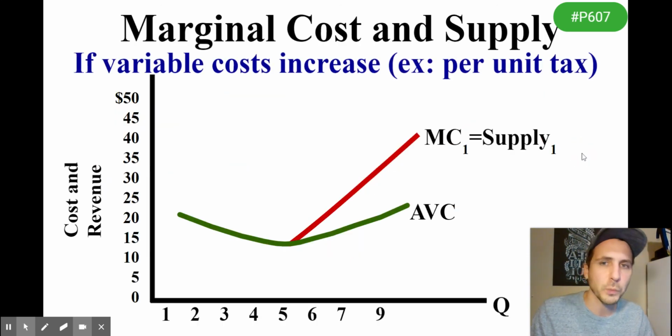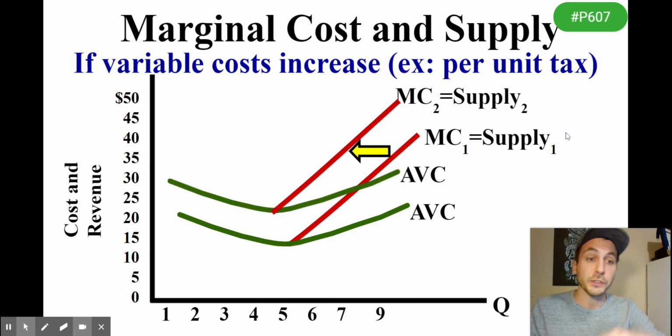So we can apply some of our rules. If variable costs increase, like a per unit tax or an excise tax, what's going to happen? Well, we know when taxes go up, supply shifts left. So when taxes go up for this individual firm, average variable cost is going to rise, and so is marginal cost, which indicates a leftward shift in supply. Whoa, right?